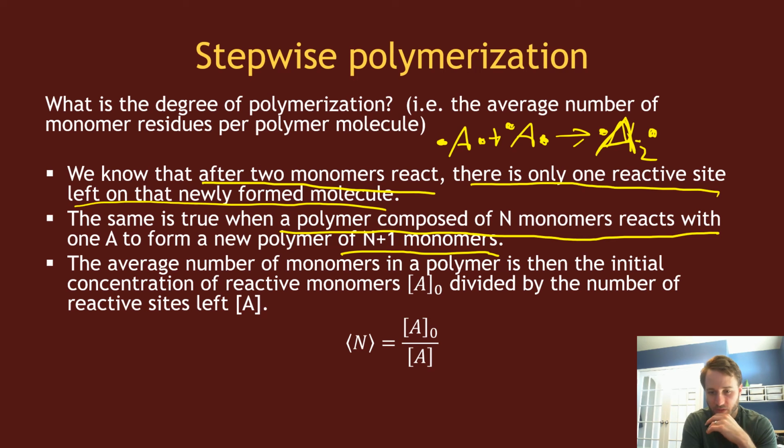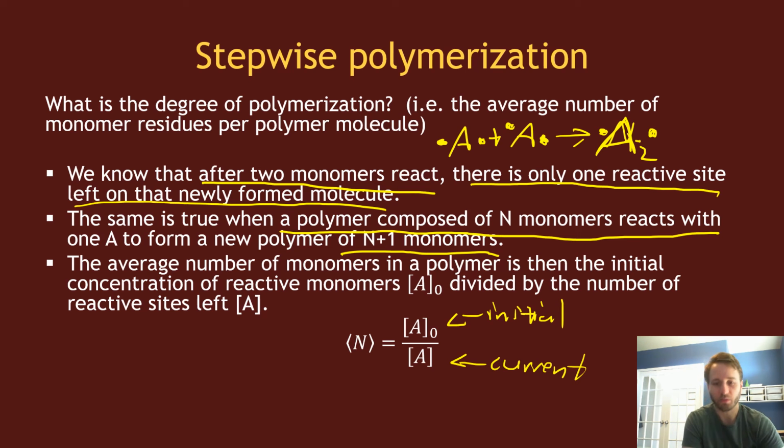Again, that's the average. There can be polymers of larger length and of shorter length, but the average is as follows. This is your initial concentration of reactive monomers, and this is your current concentration.